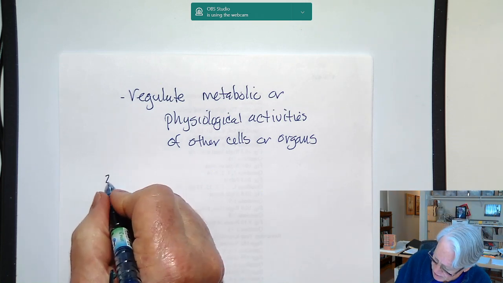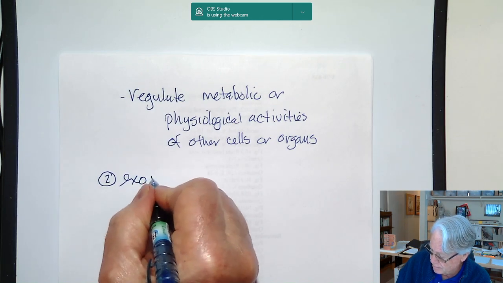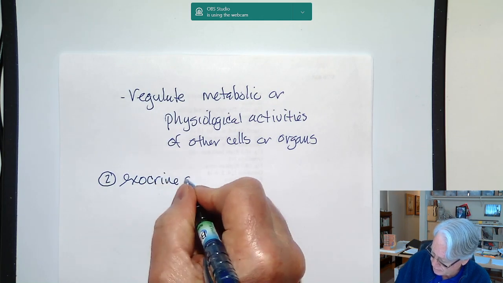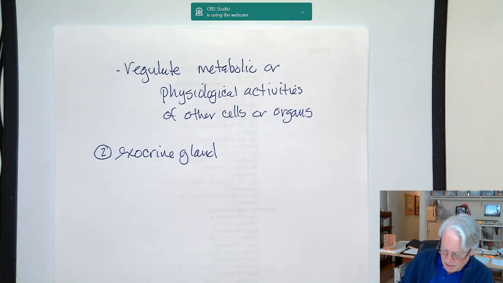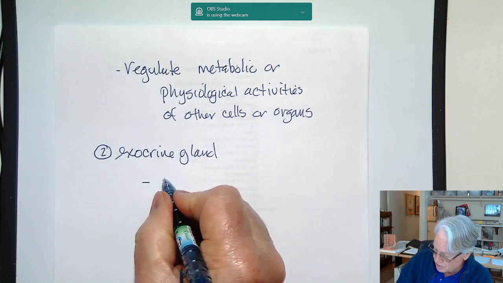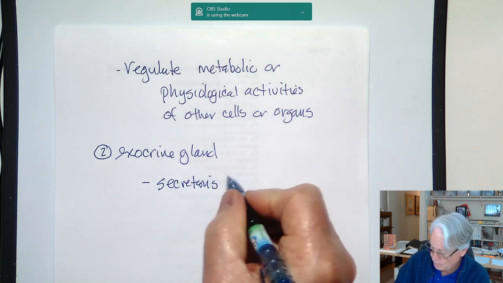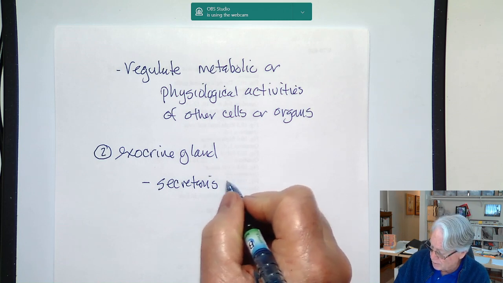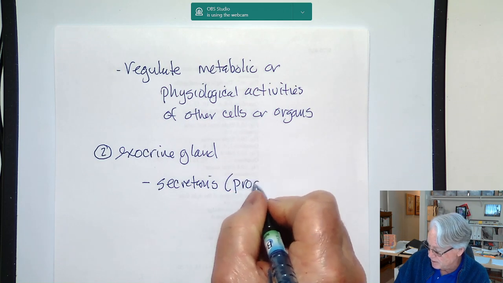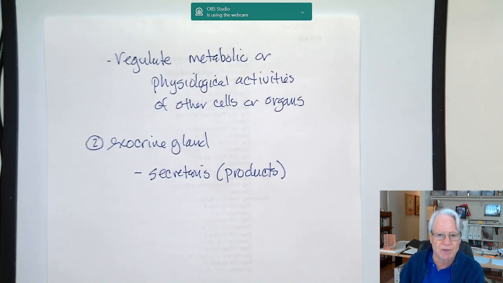A second type of gland is the exocrine gland. The exocrine gland is going to produce secretions, sometimes referred to as products. That's a term referring back to secretions.